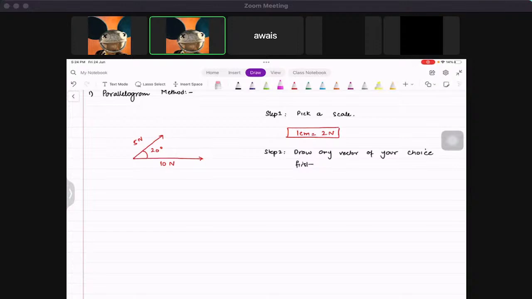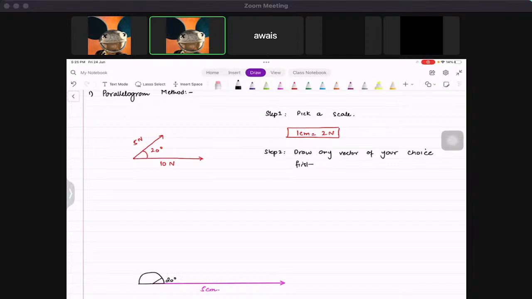I can figure that out by cross multiplying. So on my page, I'm going to draw a line of 5 centimeters like this. This 5 centimeters is equivalent to 10 newtons according to my scale. Then I'm going to put the protractor like this, where it should be, and then measure 20 degrees on it.